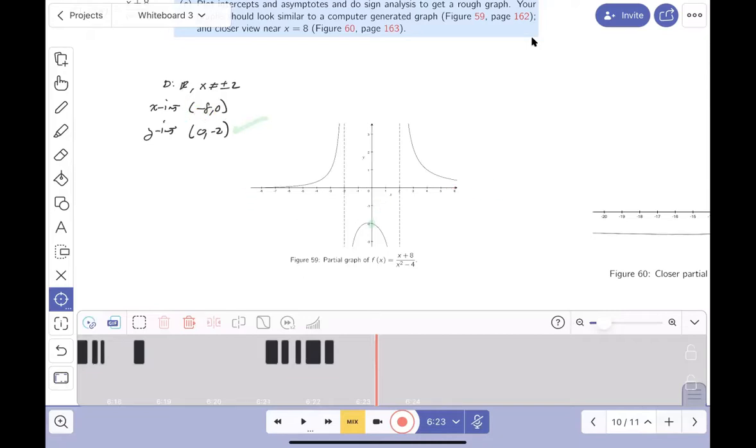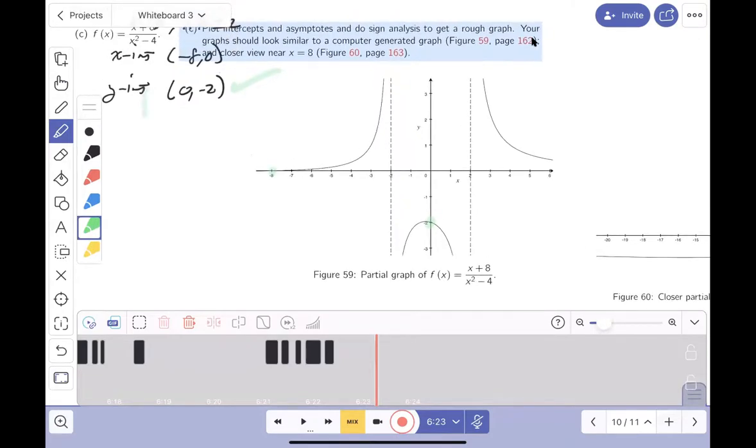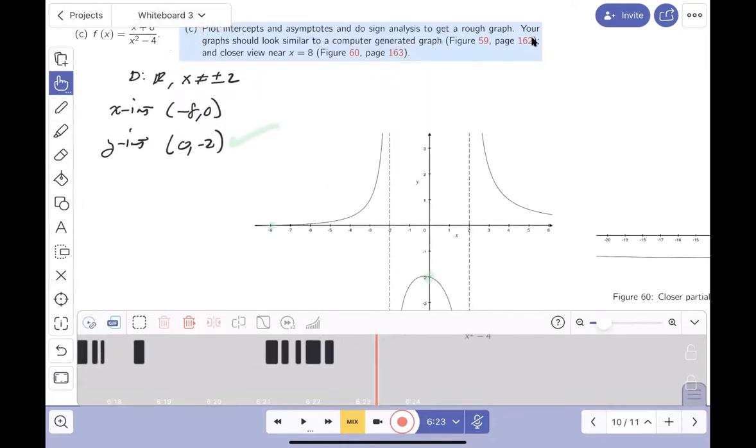It is in the graph. I'll put that down for you. Oops. I'm screwing up. All right, I think I did all right with that. Got those two. All right.